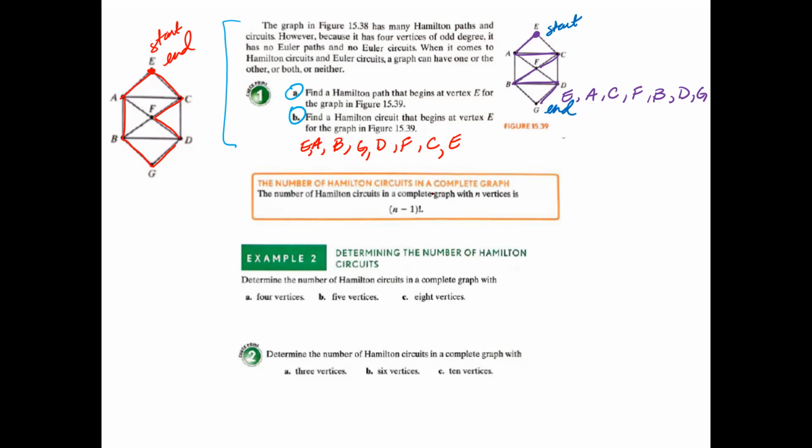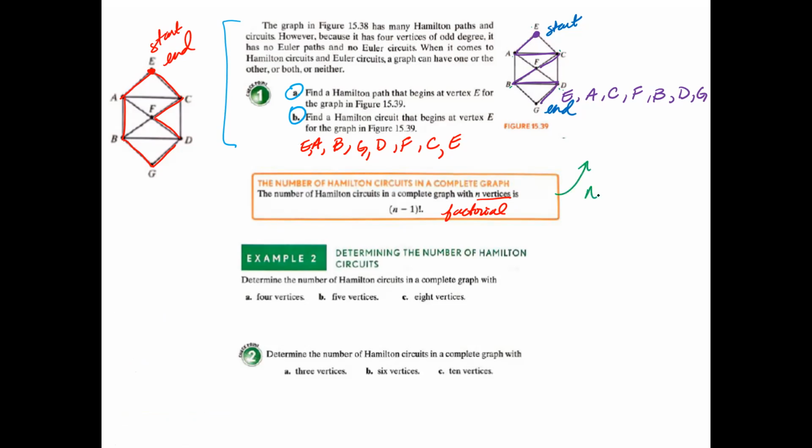The number of Hamilton's circuits in a complete graph with n vertices is always going to be n minus 1 factorial. So how many little dots do you have? Remember, factorial is when you count and multiply in descending order. For example, if I look at the previous vertices, A, B, C, D, E, F, G, 1, 2, 3, 4, 5, 6, 7.